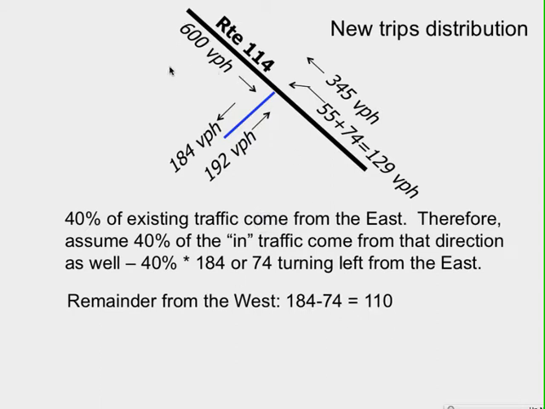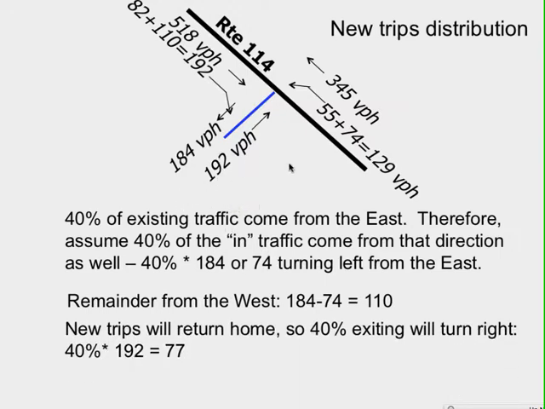Again, new trips, not part of the 600. So that's 192 turning in. And now for the 192 exiting, we know that 40% came from the east, and these are new trips, so they'll presumably go back home. So 40% will turn to the right, and 60% will turn to the left.